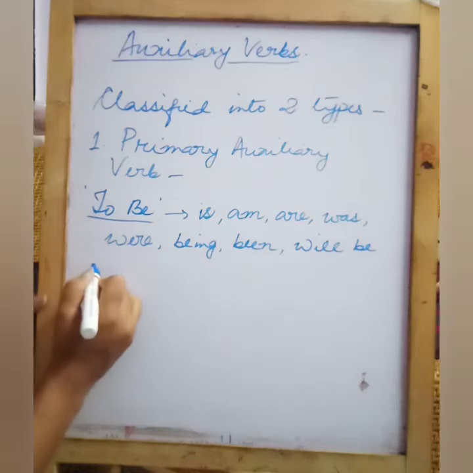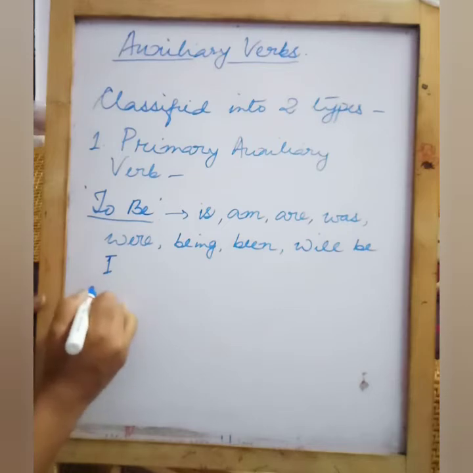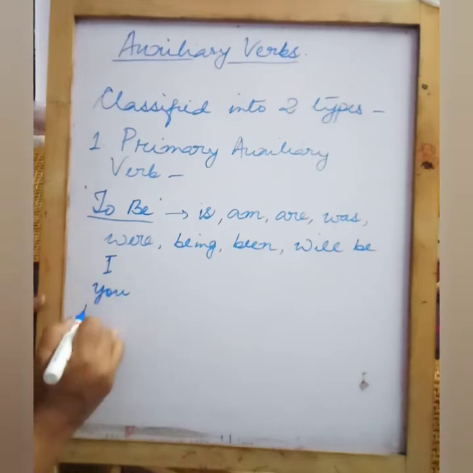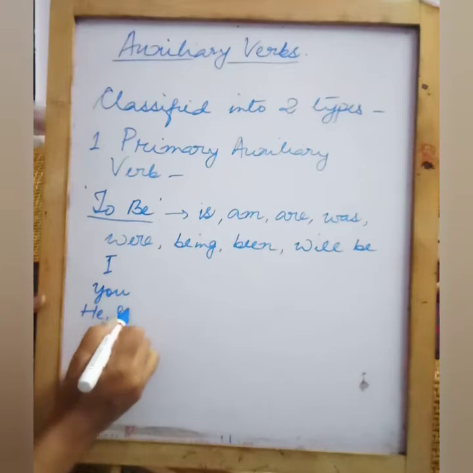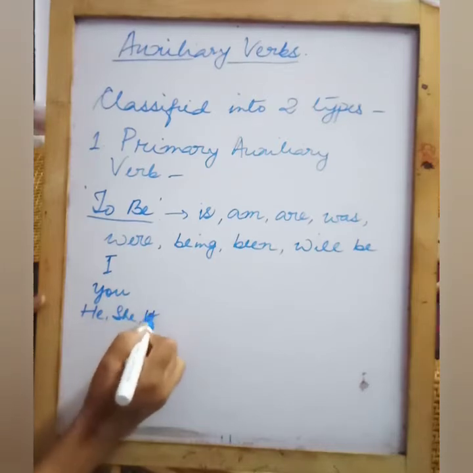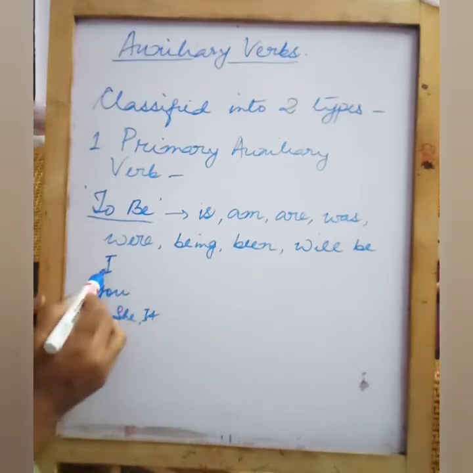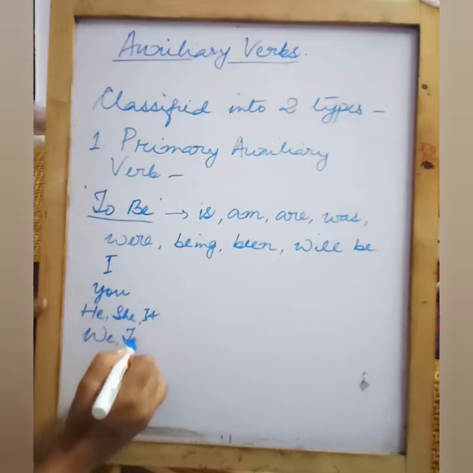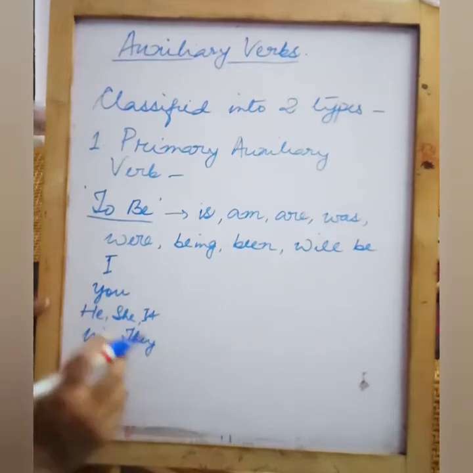Say if I write first person, second person, third person, say I, you, he, she and it. These are first person, second person, third person, all in singular, isn't it? And we and they are also third person but plural.